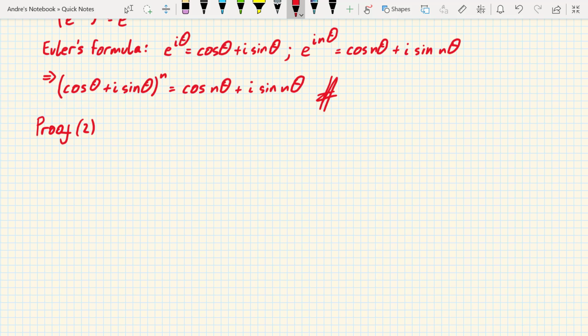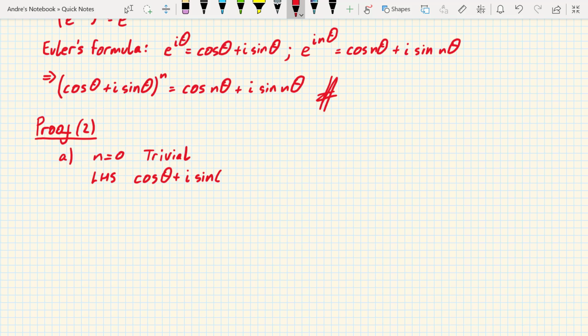That brings us on to proof number two, which is a more elementary proof. We're going to split the integers into three cases. Firstly, n equals 0, secondly, positive n, and thirdly, negative integer n. Now when n equals 0, the result's trivial. The left-hand side is (cos theta + i sin theta)^0.